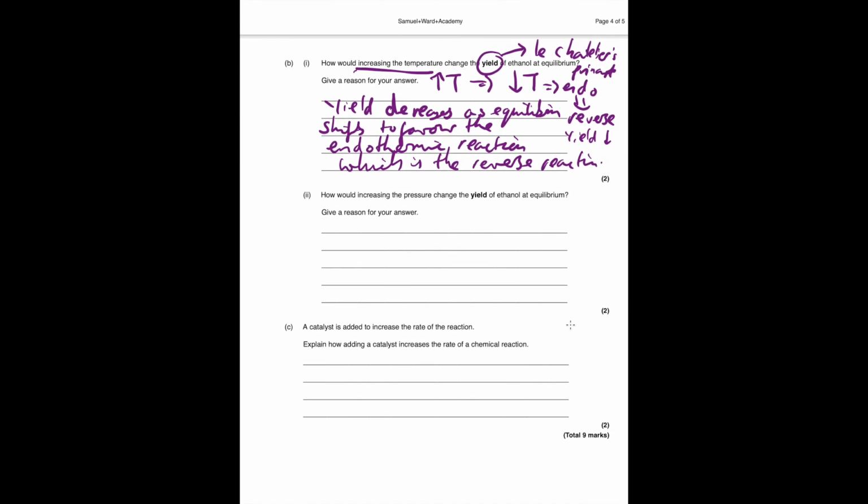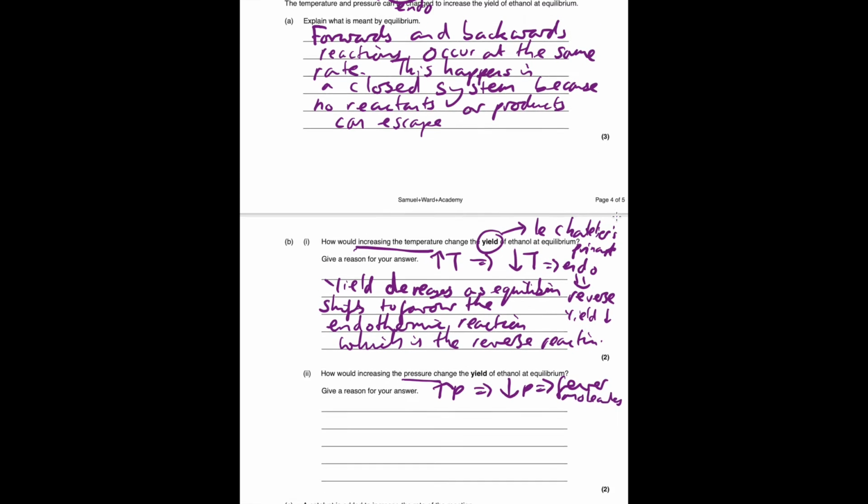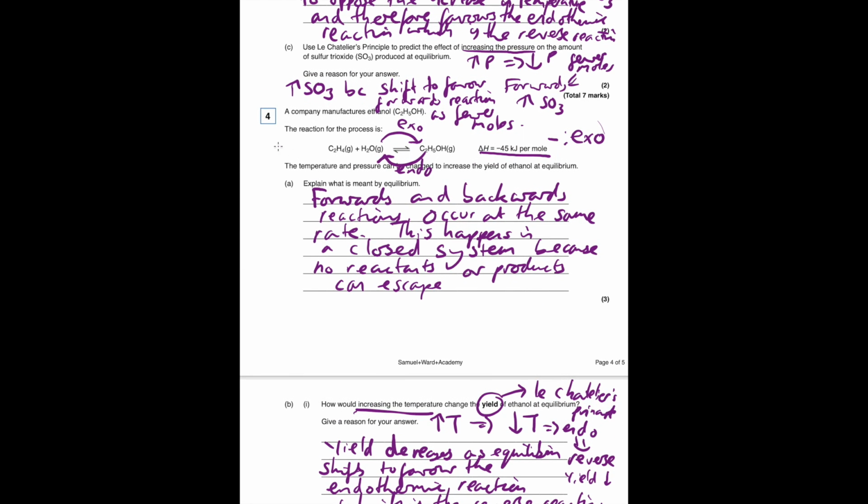Okay, and question 2, we're looking at pressure. So if we increase pressure, the equilibrium shifts to decrease pressure by favouring the side producing fewer molecules. And so if we return to our equation, we can see we have 2 molecules on the left-hand side, one of the ethene and one of the water, and on the right-hand side we have 1 molecule of that ethanol.